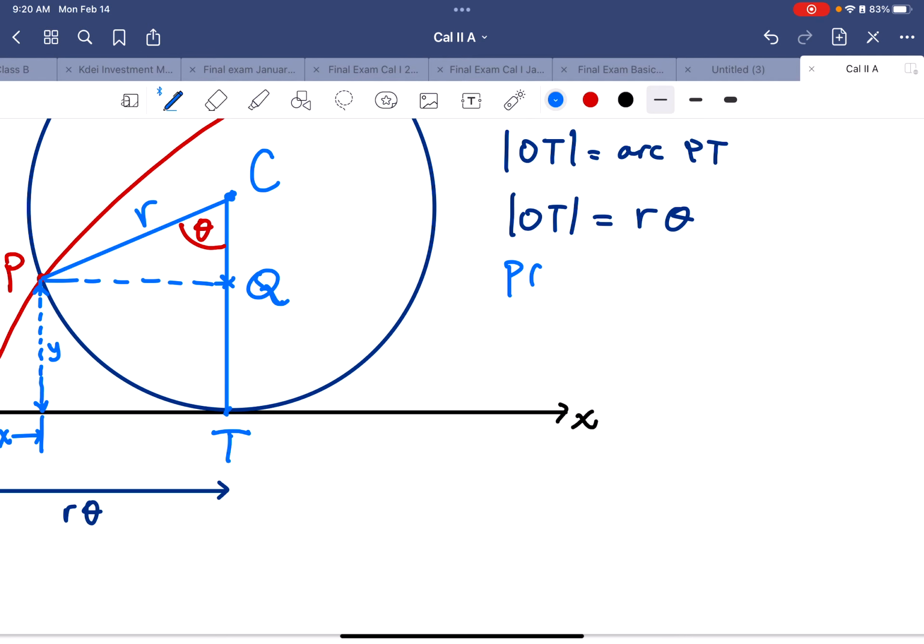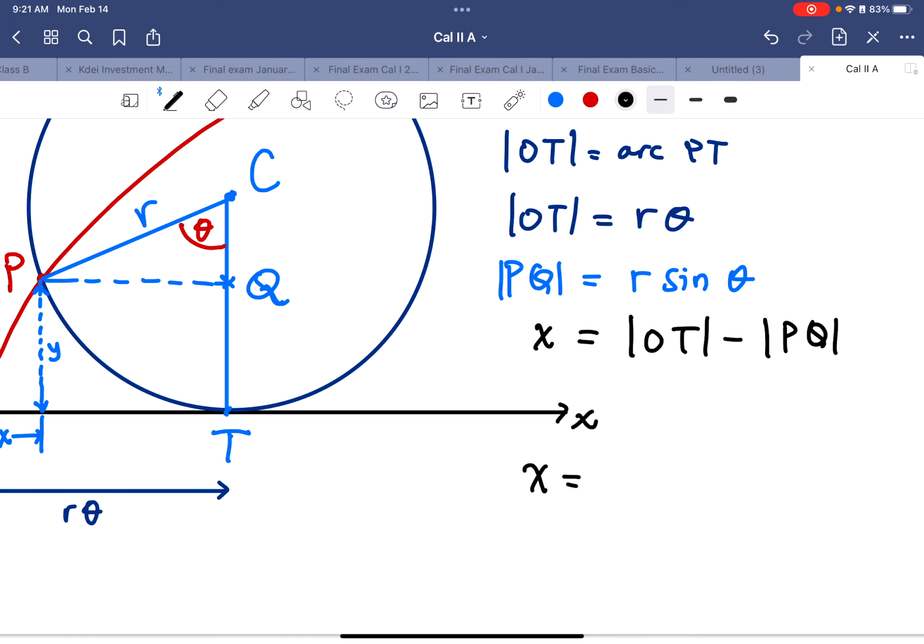So PQ is r sine theta. So x is OT minus PQ, or x is r theta minus r sine theta.